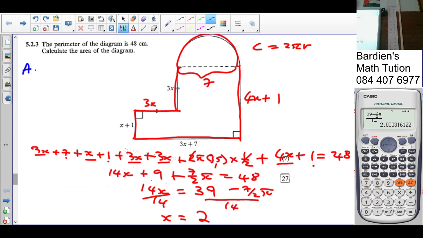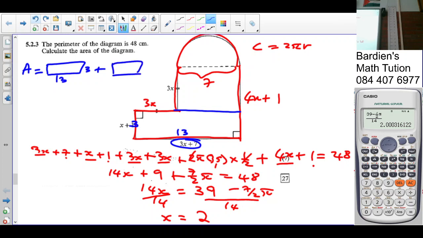So the area is going to be, let's cut this up. It's going to be a rectangle. But now x is 2, so what's the length of this rectangle? 3x, if x is 2, so it's 6. 6 plus 7 is 13. So it's a 13 by 3 rectangle plus this rectangle here.